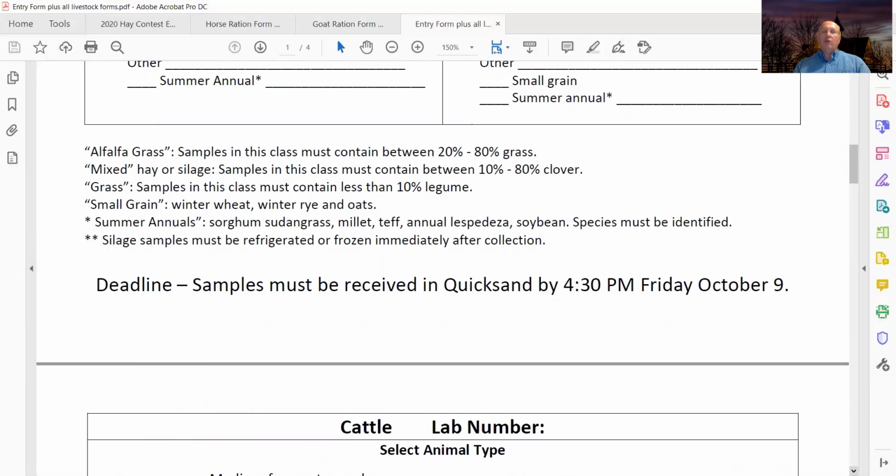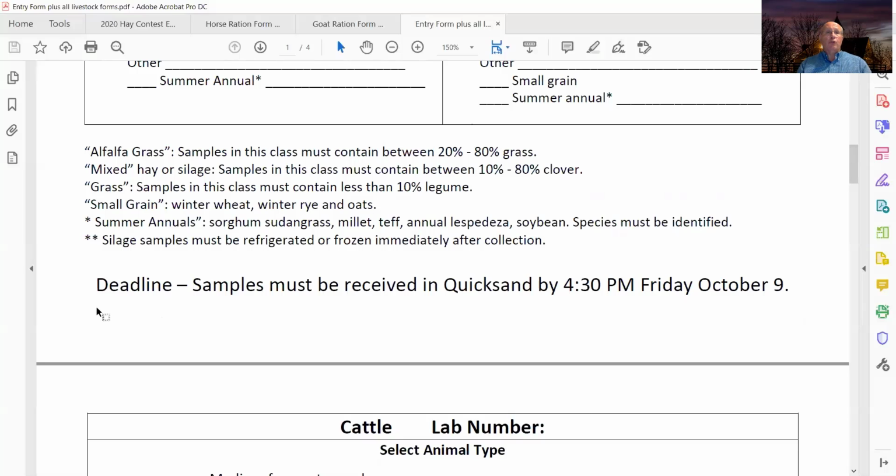They can enter more than one type of alfalfa, more than one field of alfalfa grass. But for the contest's sake, only the best testing sample in a particular class will be considered for an award.